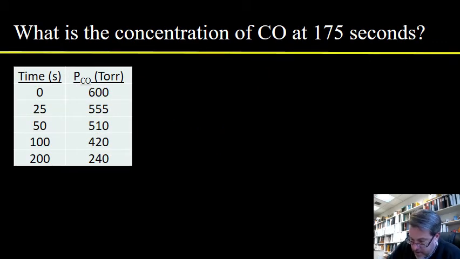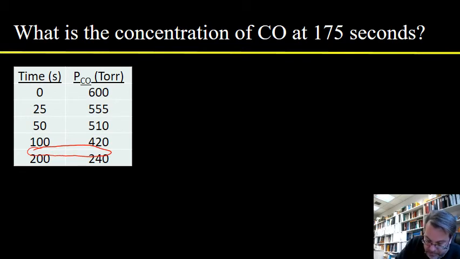Okay, another common question is to calculate the concentration at some particular point during the reaction. In this case, it's asking us for the concentration at 175 seconds, right, which is going to be somewhere in this ballpark, right? And you can see it's changing between 100 and 200. It's changing from 400 to 240, right? 175 seconds will be 3/4 of the way there.